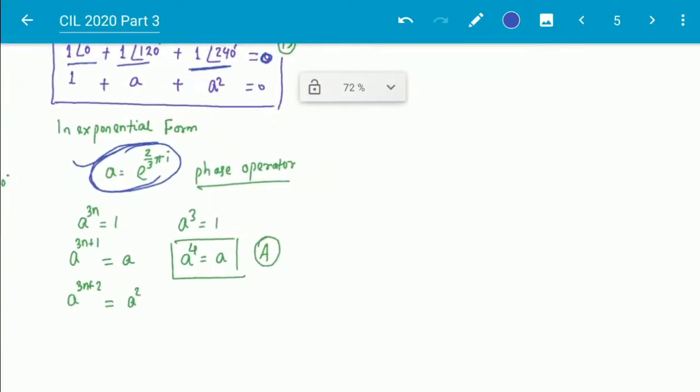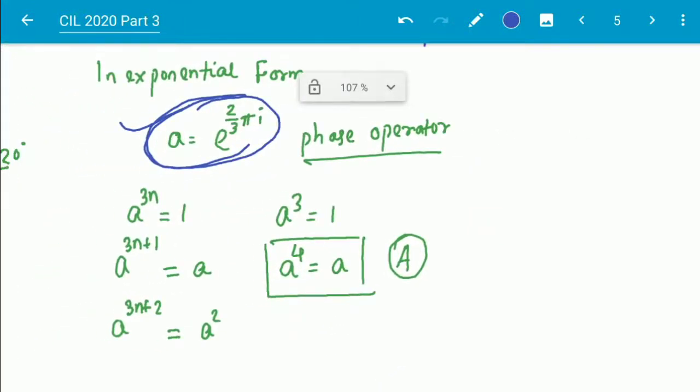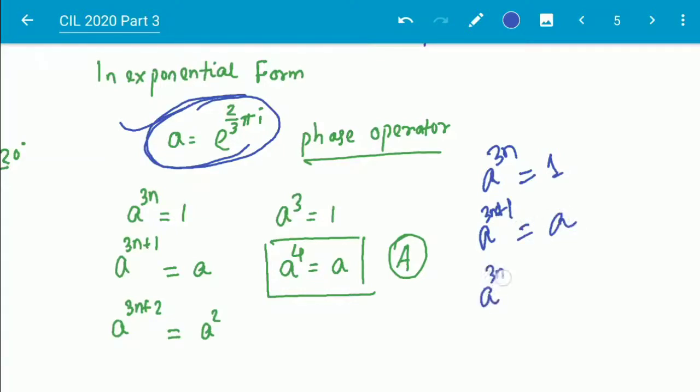And if we calculate, A cube is equal to 1 and A to the power 4 is equal to A. This is because A to the power 3n will be equal to 1, A to the power 3n plus 1 will be equal to A, and A to the power 3n plus 2 will be equal to A square.